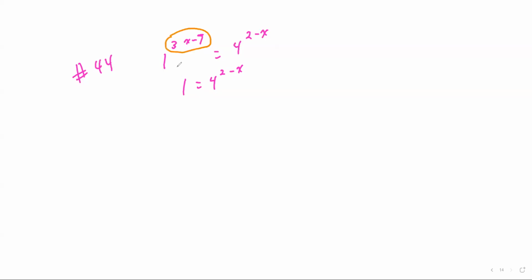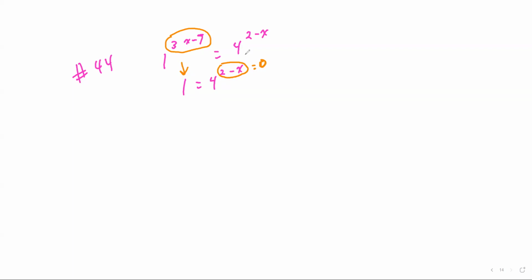Whatever this is, the answer is always going to be 1. The second thing to note, to equal 1, this exponent must equal 0, because we know two things. We know 1 raised to anything is just 1, and we know anything raised to 0 is 1.